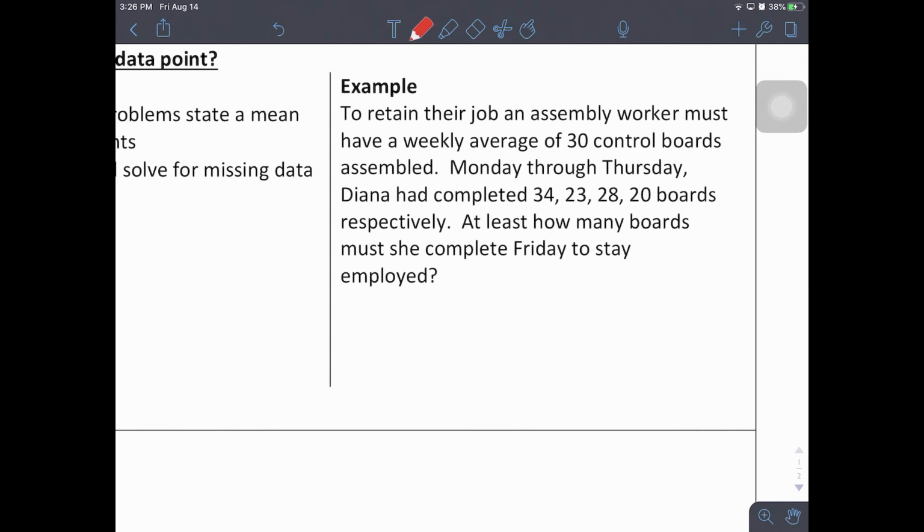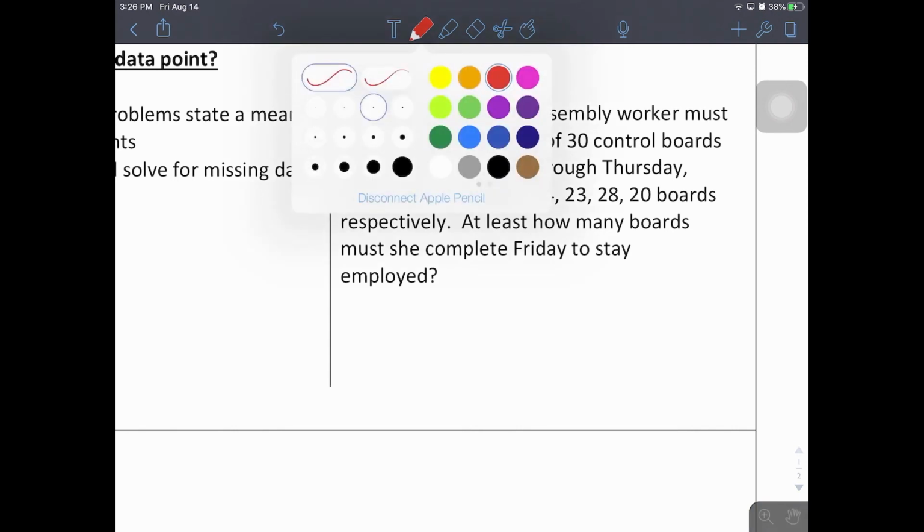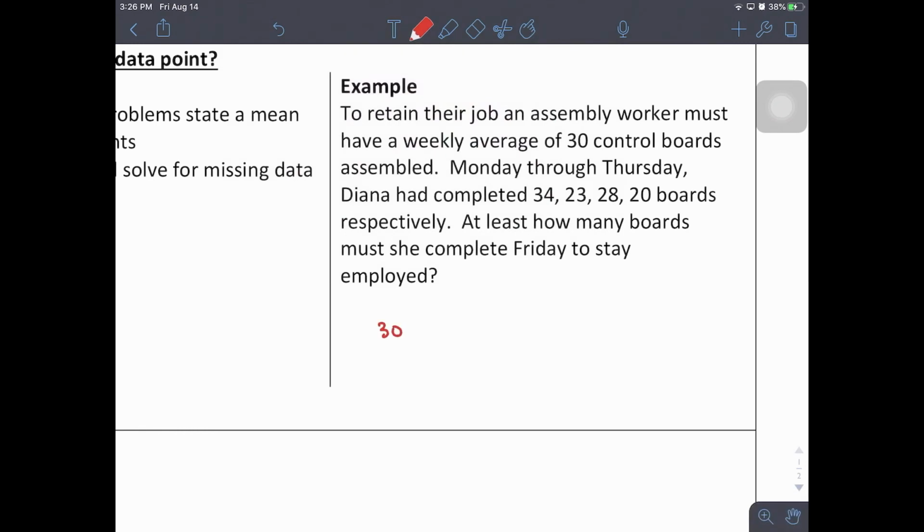So we know that the average has to be 30. Now, we know that the first 4 days were 34, 23, 28, and 20, and then we have to add in that 5th day. There are a total of 5 data points.